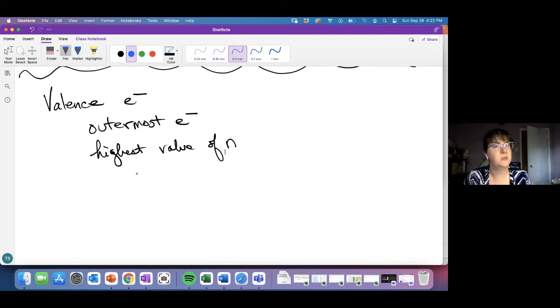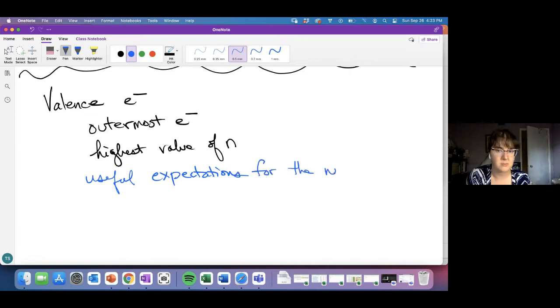The main reason we want to talk about valence electrons, the reason they're useful, is to talk about our expectations for the neutral atom. So we usually care about what sort of chemistry might happen.